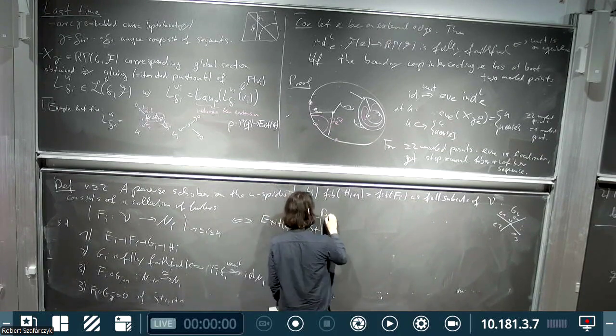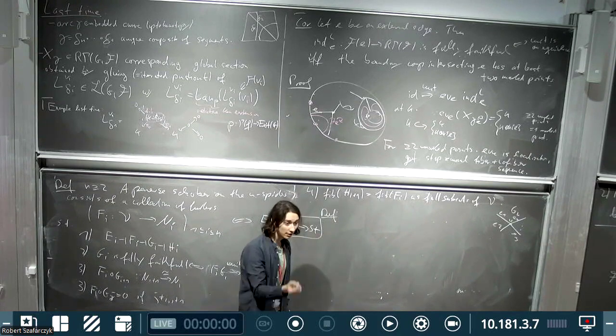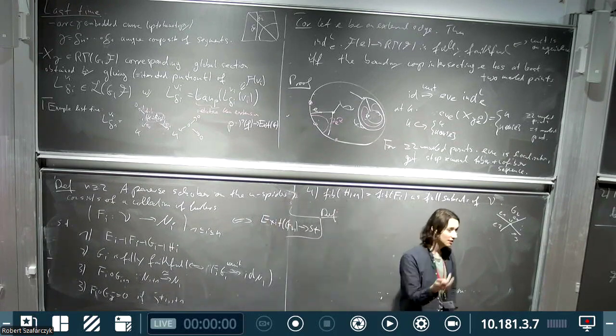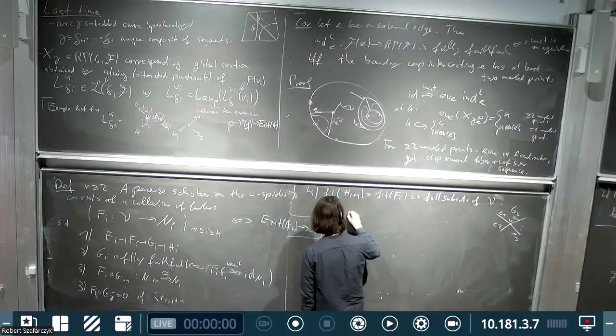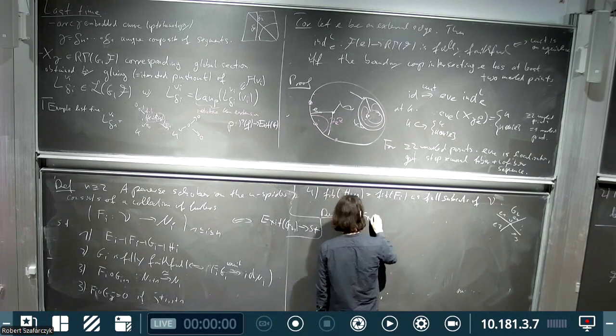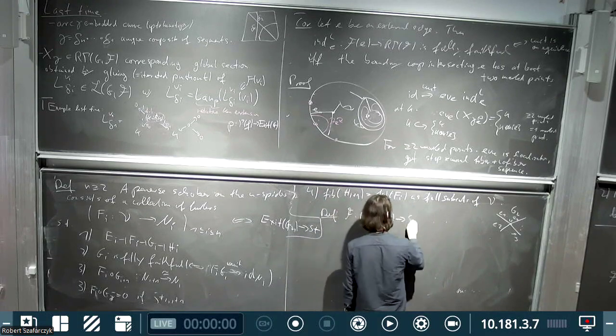And then the definition is the same as with the gentle sheaf. A gentle sheaf was a sheaf such that on every n-spider it's a gentle sheaf. So let F from the exit path category of G to stable categories be a constructible sheaf.